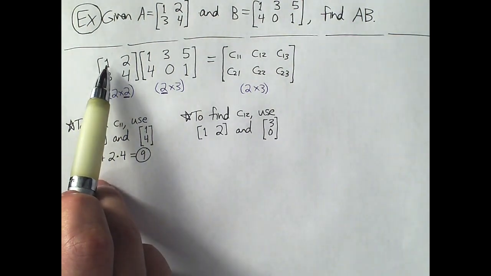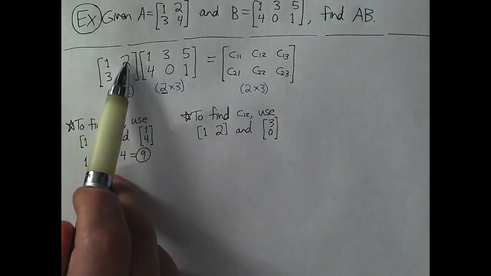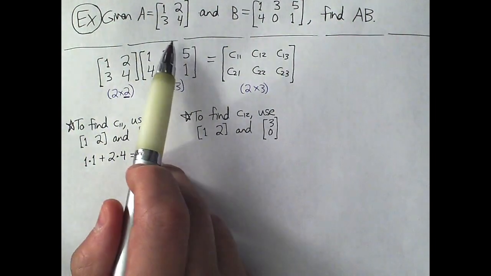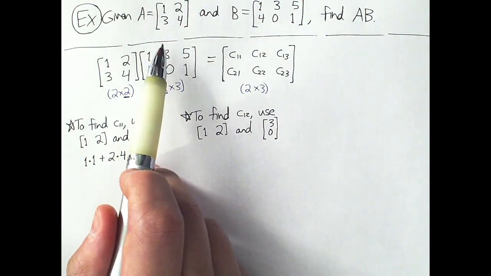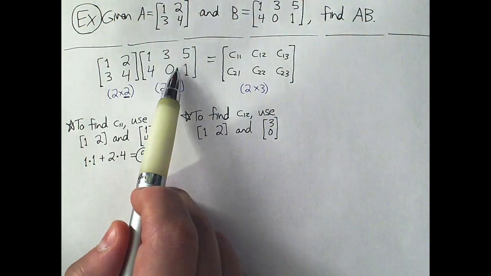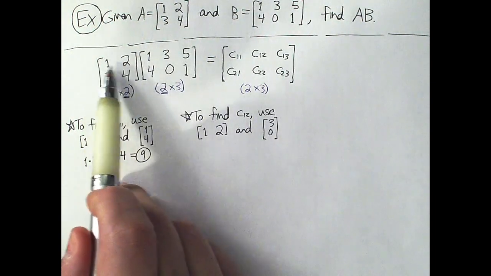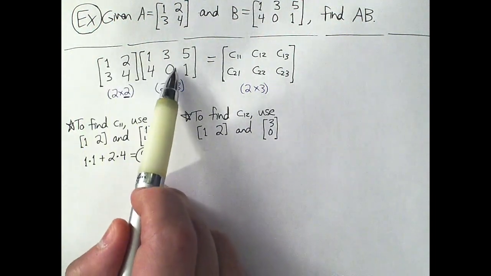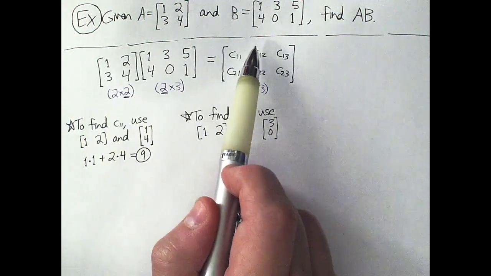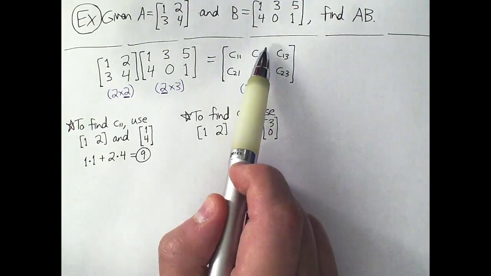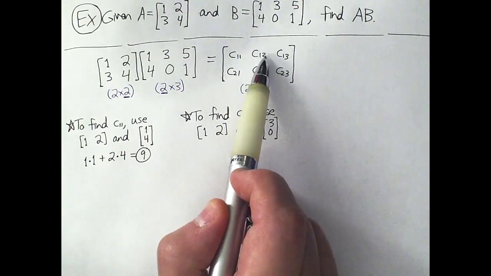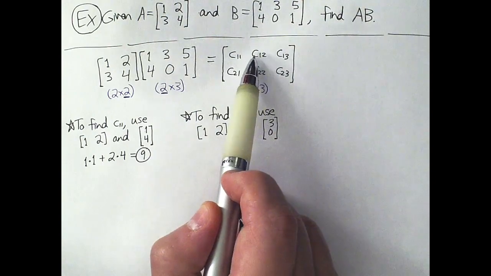So you could look at A and circle row 1, and then look at B and circle column 2. And if you did that, some elongated circles, you could kind of imagine that those 2 circles intersect right here at C12, which is what we're trying to find.